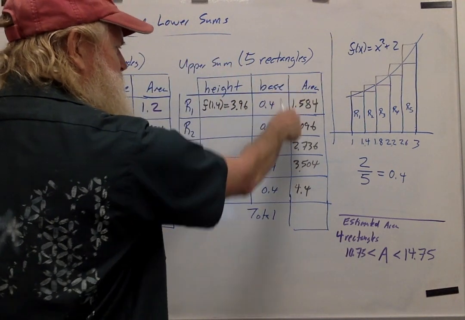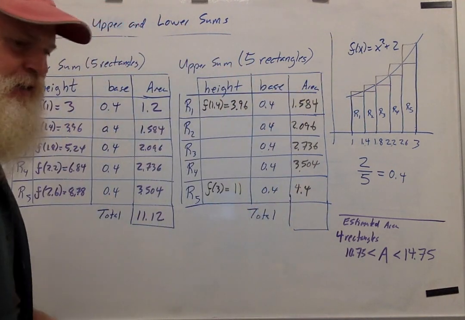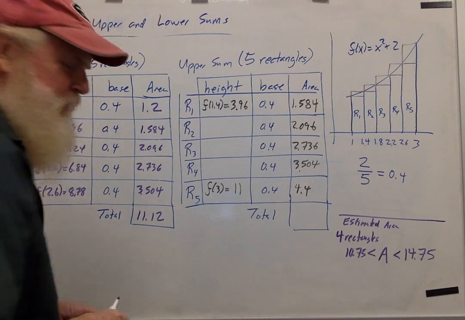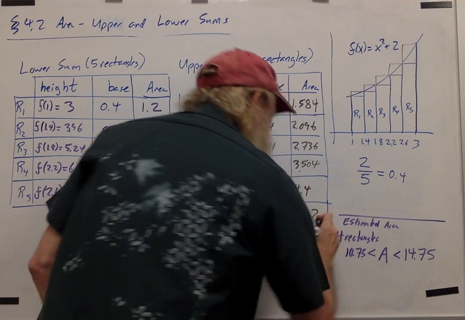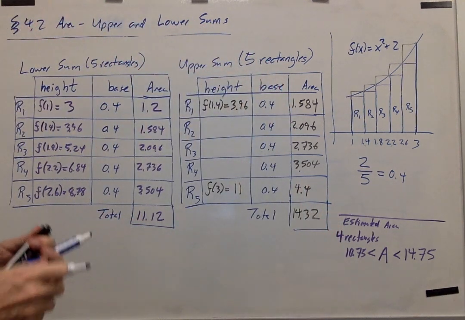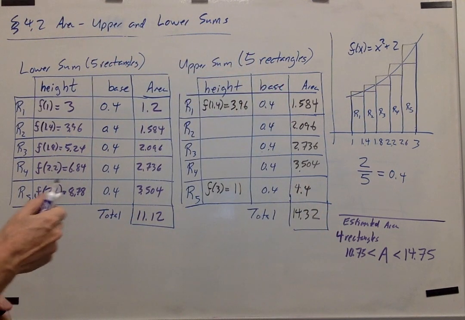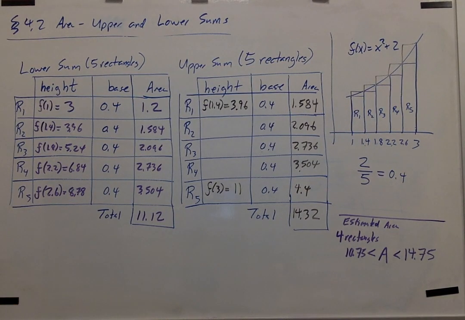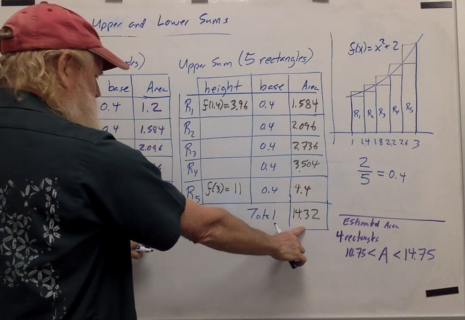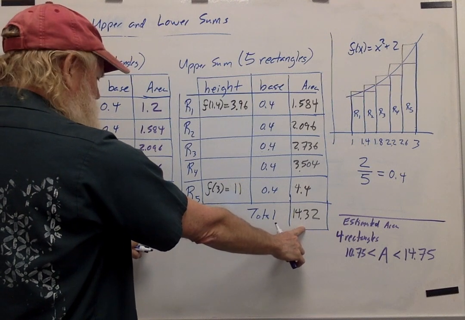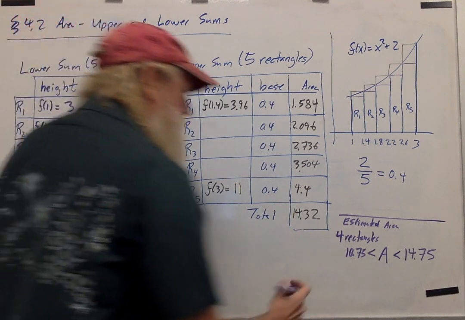So the upper sum is going to be the sum of the areas of these 5 circumscribed rectangles, which is 14.32. So now we can see that if we use 5 rectangles instead of 4, the total area is going to be somewhere between 11.12 and 14.32.